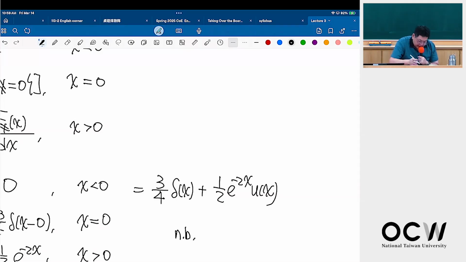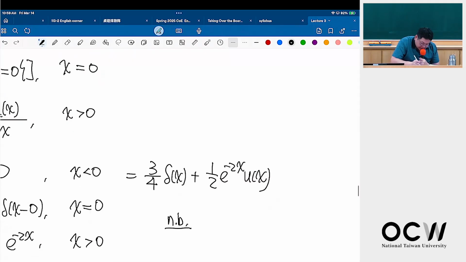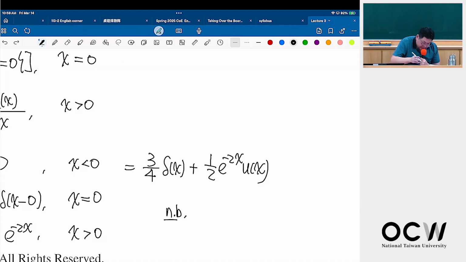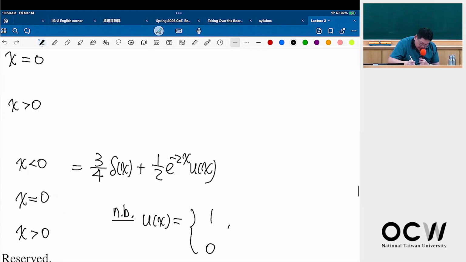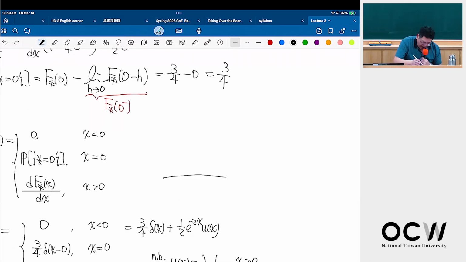Here we need to know what the u function is. For the u function, that's either 0 or 1. So when x is greater than or equal to 0, there will be 1. Otherwise, it is 0 all the time. And we can plot the PDF.